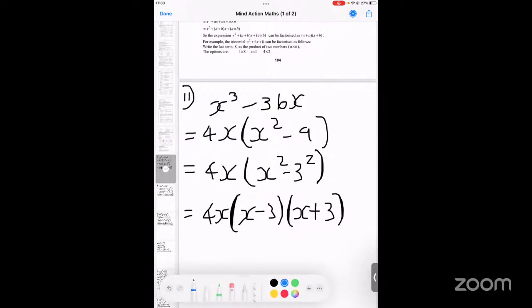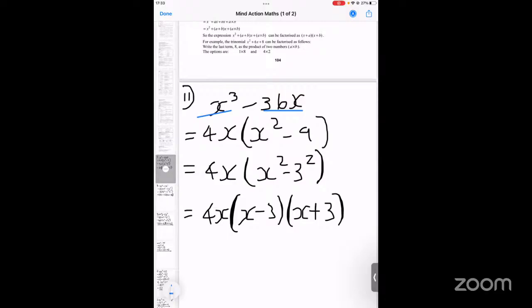Why did you take out 4 as common factor? That 4, is it common? Do we have it there and there? I only took out the 4 because of this 36.